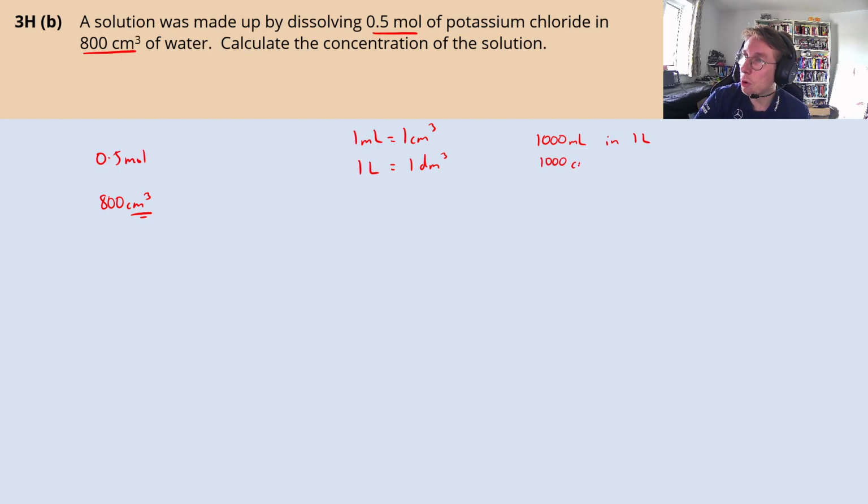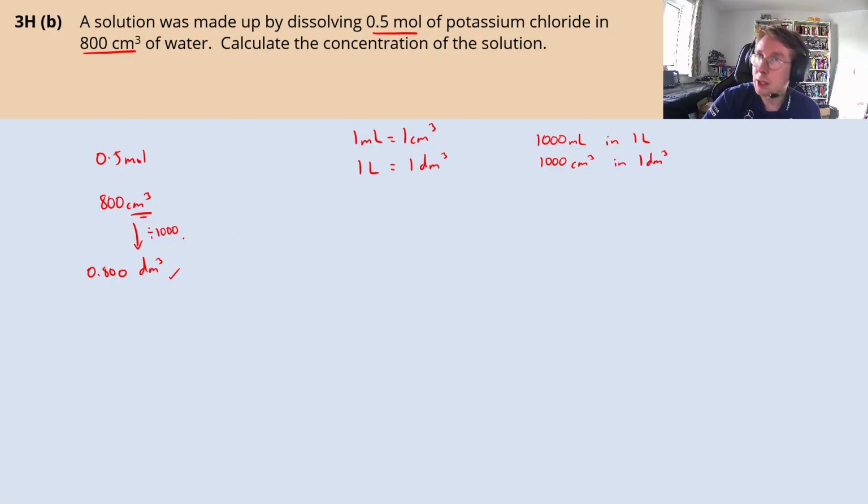So therefore, what that means is that there are 1000 centimeters cubed in 1 decimeter cubed. So to convert centimeters cubed into decimeters cubed, you need to divide your answer by 1000. So 800 divided by 1000 gives us 0.800. And if you've done that conversion, that will give you the first mark here.